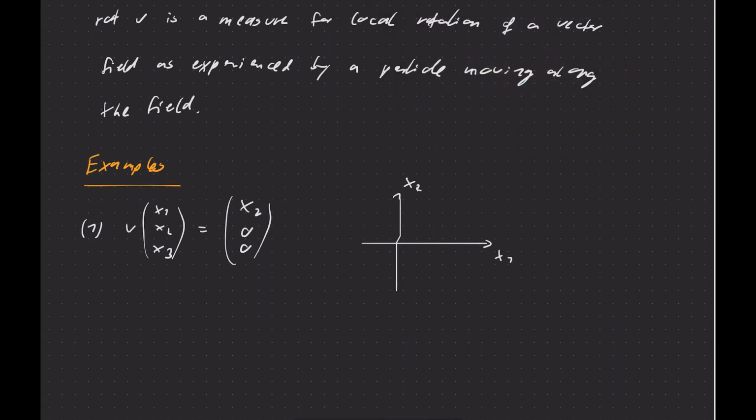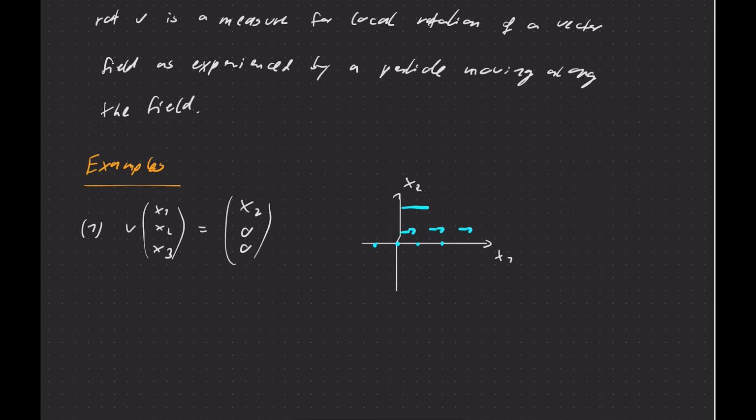Then what happens here is the flow changes with the x2 coordinate. So for any fixed x3 coordinate, the vector field looks like this. If x2 is 0, then nothing happens. So that's all 0 vectors. If x2 increases, then we get a flow in x1 direction, like this.